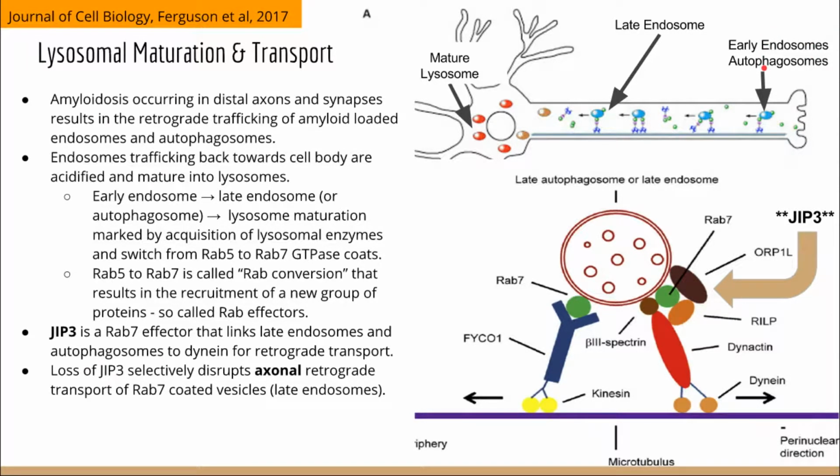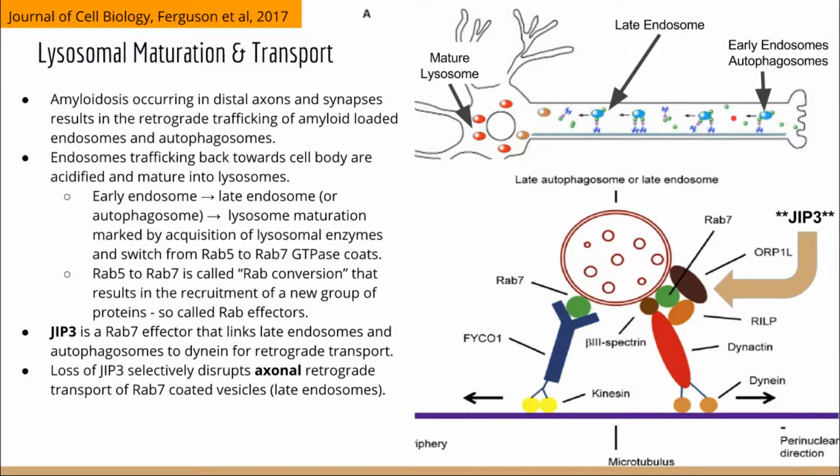For reasons that are not fully understood, this process of axon protein degradation is accompanied by retrograde transport. So endosomes or autophagosomes, I will be using these largely interchangeably, are loaded with substrate to be degraded, and then they are retrogradely transported towards the cell body by dynein.